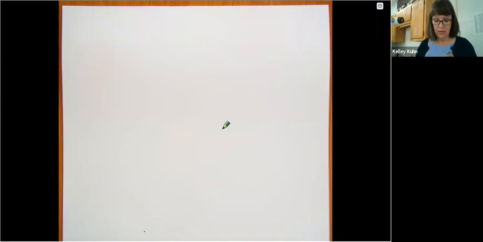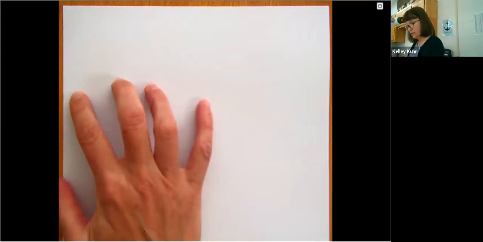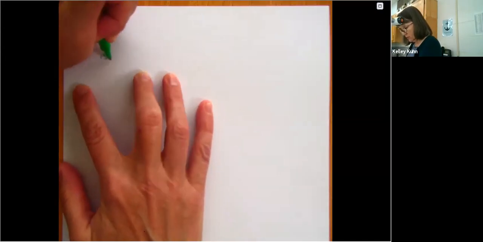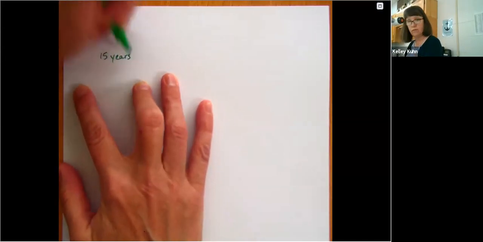For example, Quimby will be turning 15 on September 22nd. So we could calculate how many seconds Quimby has been alive at her birth moment on that day using dimensional analysis. What do I mean? Well, first of all, we know that on September 22nd, Quimby will be 15 years old, right?